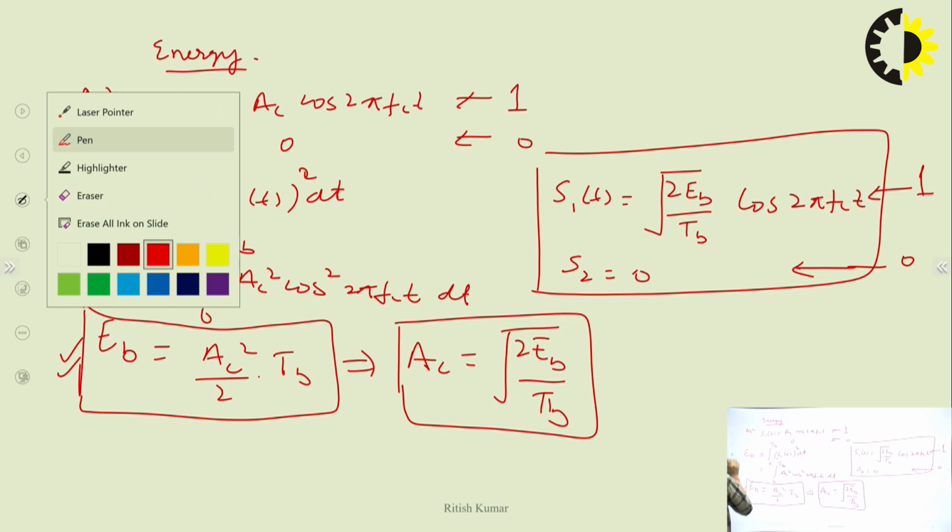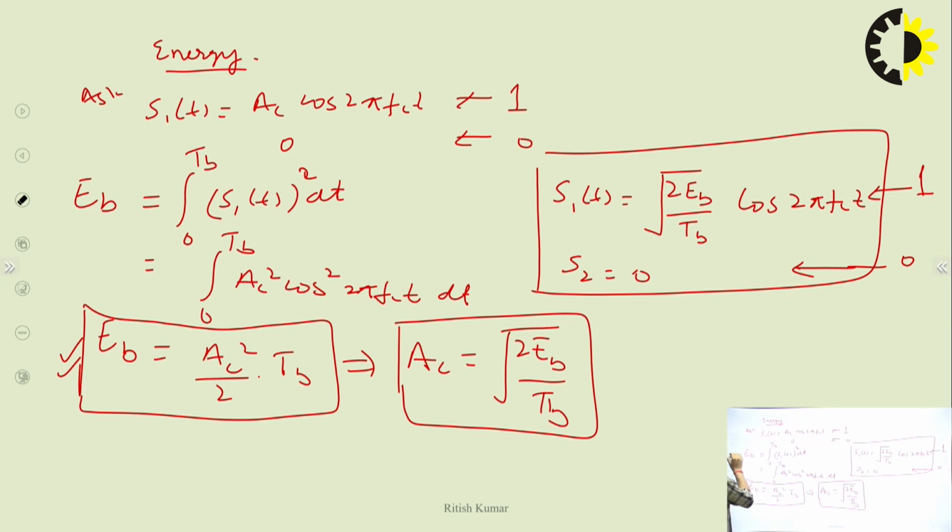Now we need to understand what an orthonormal function is, because we want to draw the constellation diagram of this ASK signal.